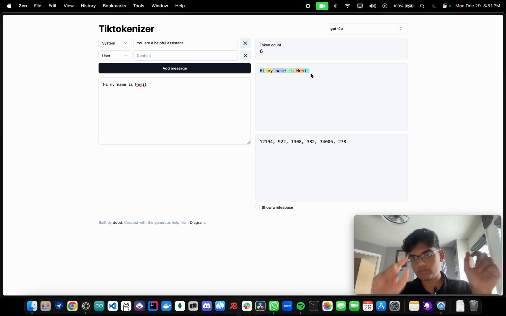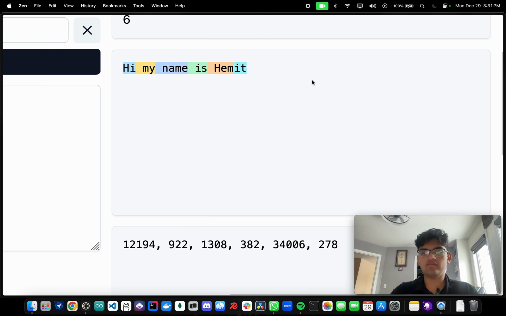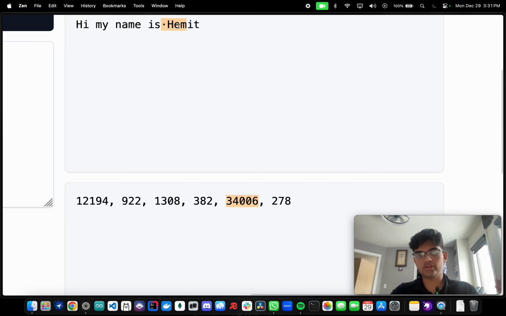And so that's what we're doing here. We basically have hem and then it. Now these two tokens were frequently seen. These two sequences of text were seen a lot within the internet. That's why they have the token IDs of 34006 and then 278.